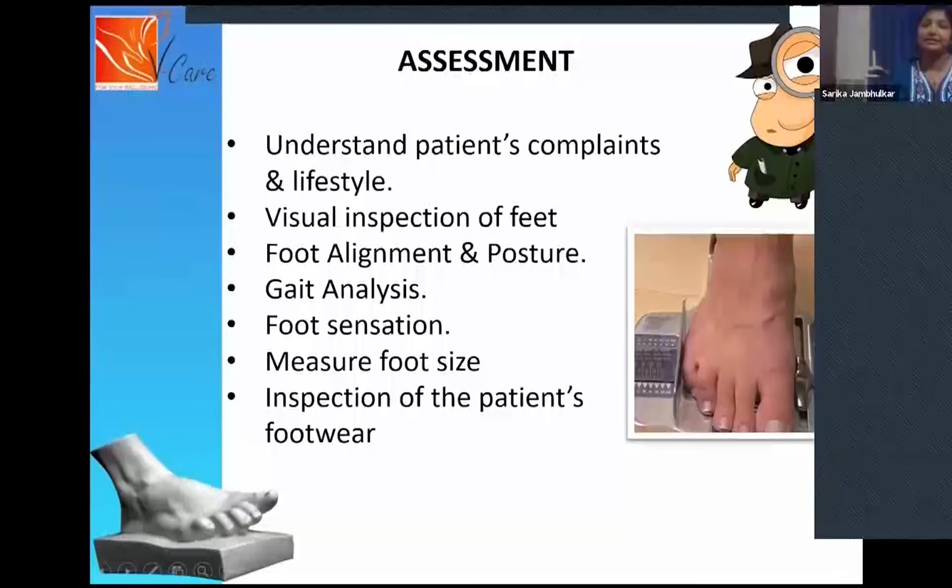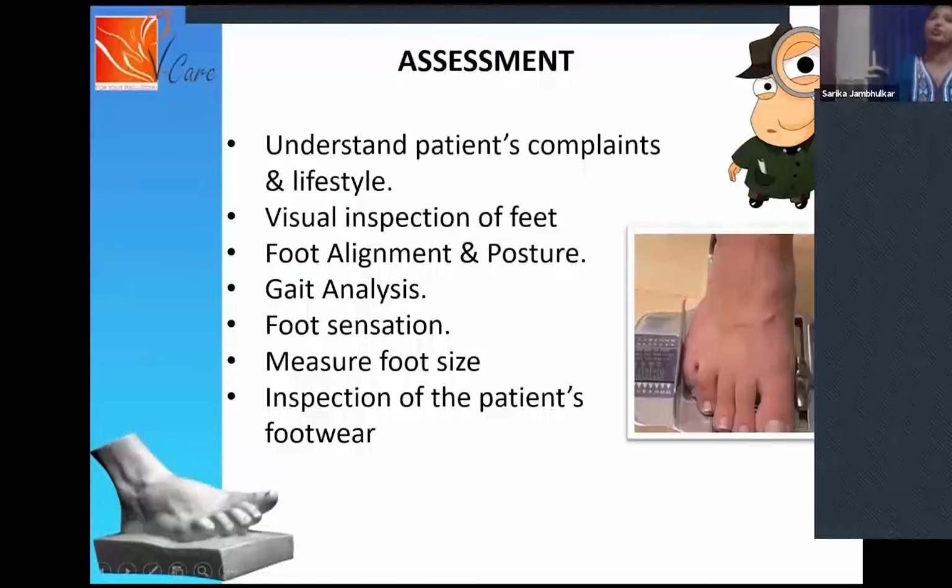Then gait analysis, and foot sensation, particularly if the patient is diabetic or has a neuropathy; it can be non-diabetic also. Then measurement of the foot size. Now, this image shows a device called a Brannock device. On that scale, we measure the foot length as well as the foot width.